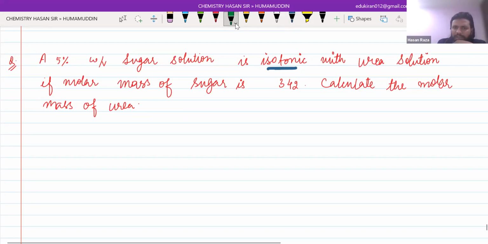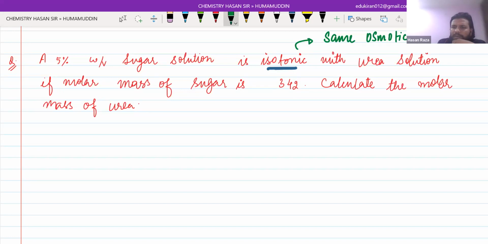Do you know what this isotonic means? This isotonic actually means that both have the same osmotic pressure.